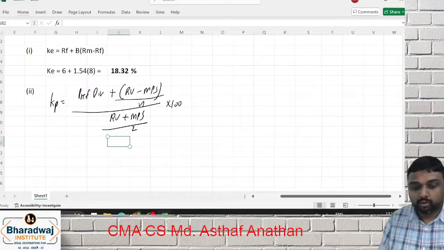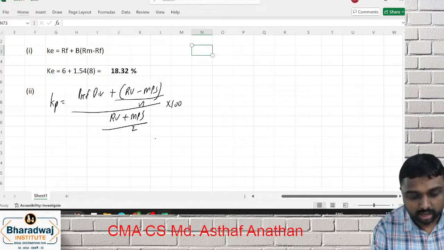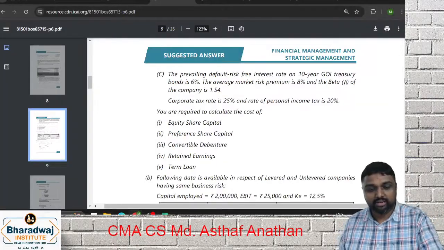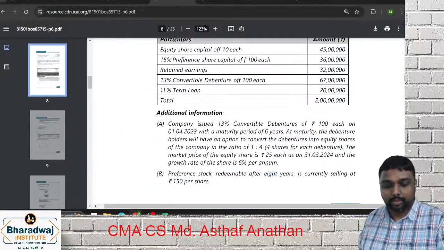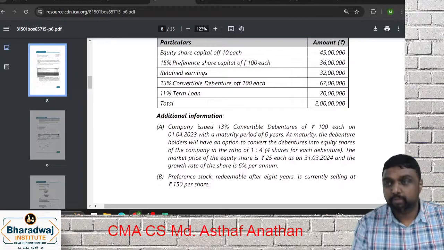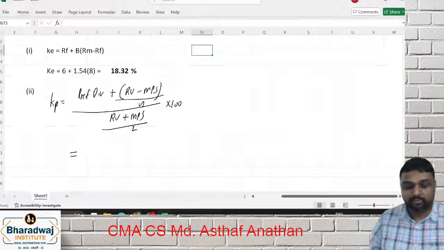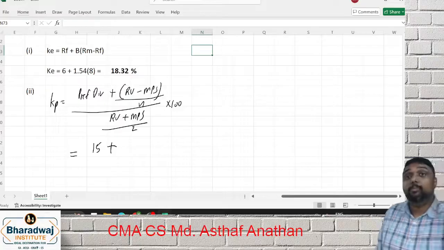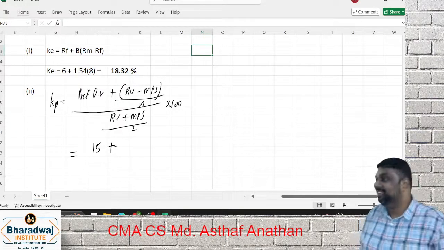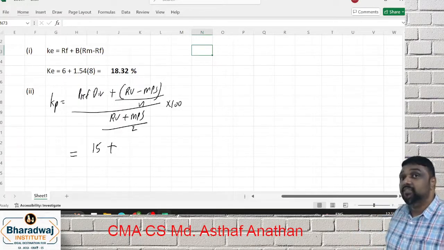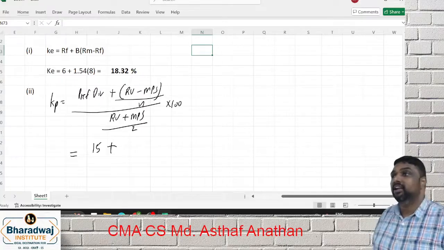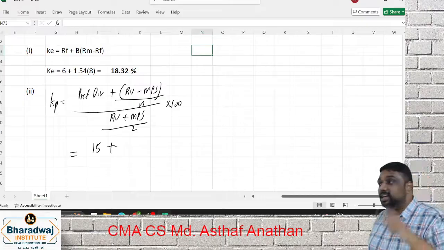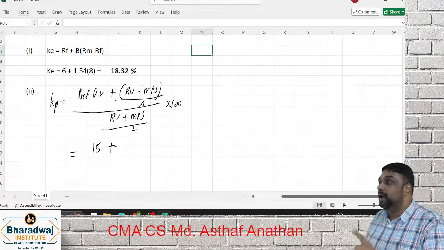Now, if we go for this method, what is the preference dividend, friends? We have to come back here. They said 100 rupees at 15%, which will be 15 rupees. Is redemption value mentioned or not mentioned? Not mentioned. In the regular class we discussed that when redemption value is not mentioned, we have to assume at par.